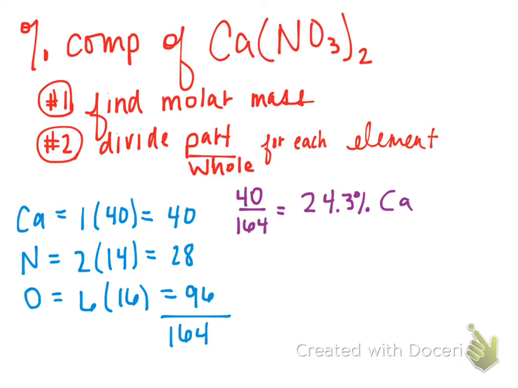I take the part of calcium, which weighs 40 grams, and divide it by the whole, which is 164. For nitrogen, do I have 1 nitrogen atom or 2? 2. So I can't just take 14 grams divided by the total because that won't represent all of my nitrogen atoms. The mass of nitrogen in this compound is 28 grams, not 14.